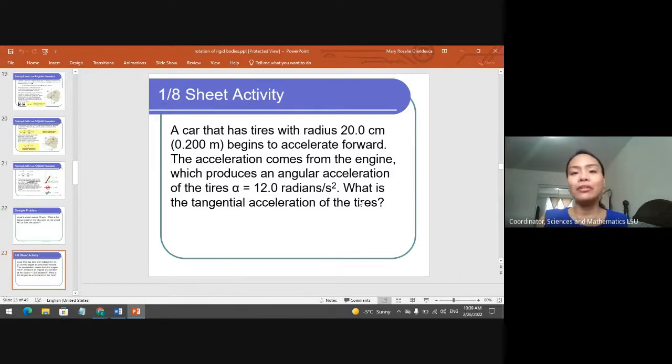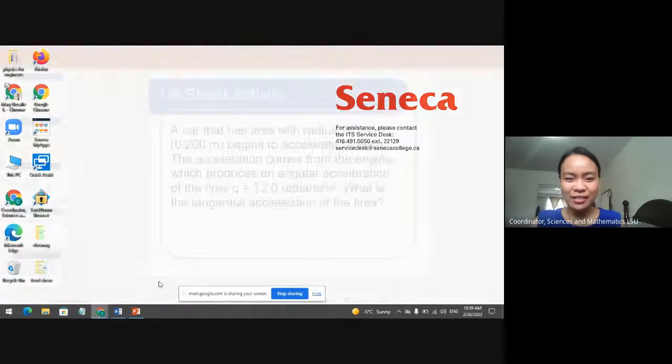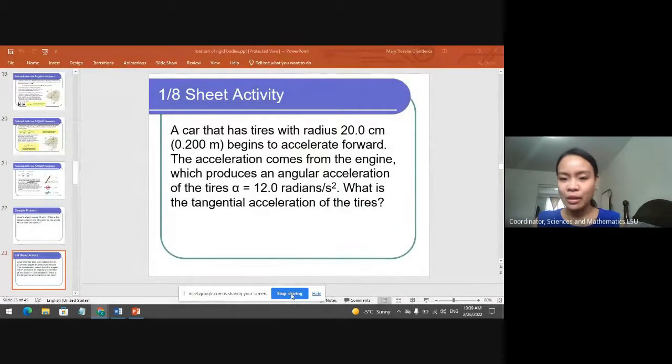I'm going to give you this as a sample problem. Kindly take a screenshot or take a photo, and I will be sharing my notes for this one. I will stop sharing this, and I will go to my notes.